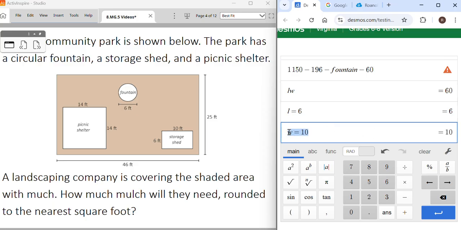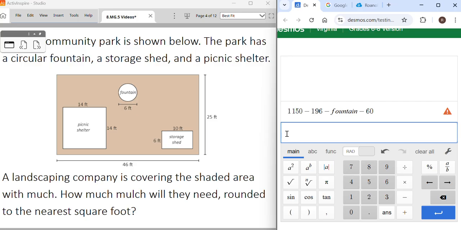So next, I need to find the area of the circular fountain. Again, please always check your formula sheet. I know that the area of a circle is pi r squared, but our calculator doesn't know what the r is, so let's see if we can figure that out.